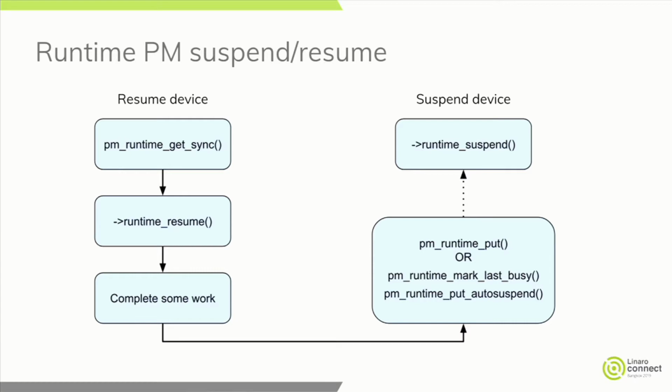You do a get sync because you need to do something. It means that the resume callback will be invoked, and in that callback you do the power on of the device. You do some work, and then you do put, and the suspend callback will be invoked to power off the device.